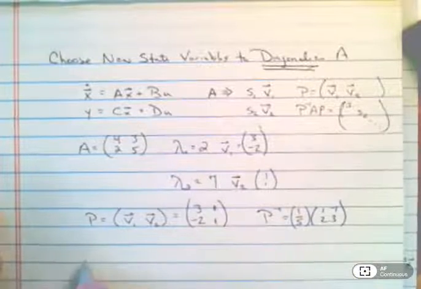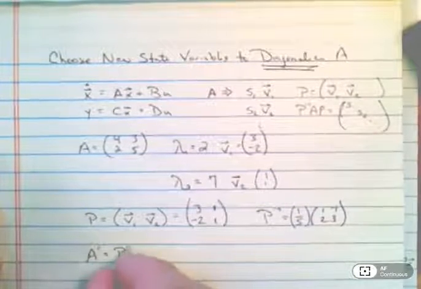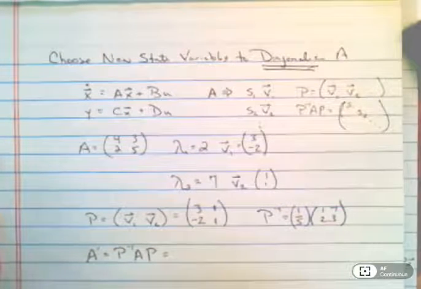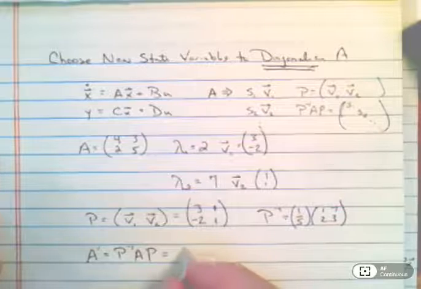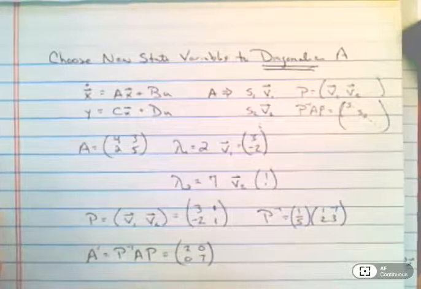And now, when I want to find my new A matrix, the A prime, that's P inverse A P. When I multiply it out, I'm going to wind up with 2, 0, 0, 7. I'll let you go ahead and verify that.